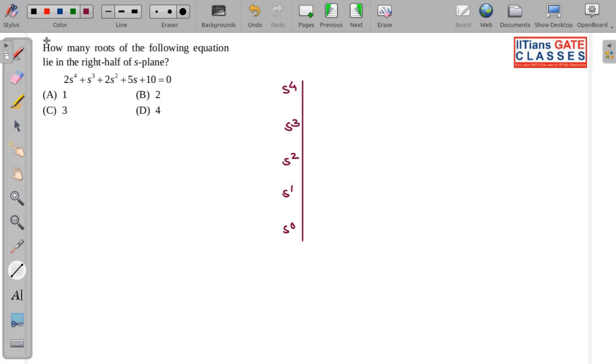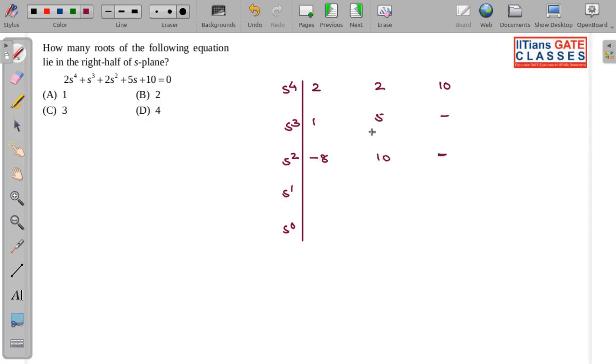So over here, if you start filling, this will be 2, 2, 2, 10, and this will be 1, 5, blank. So this will be 2 minus 10 by 1, so that is minus 8, and this will be 1 into 10 divided by 1, so that is 10.